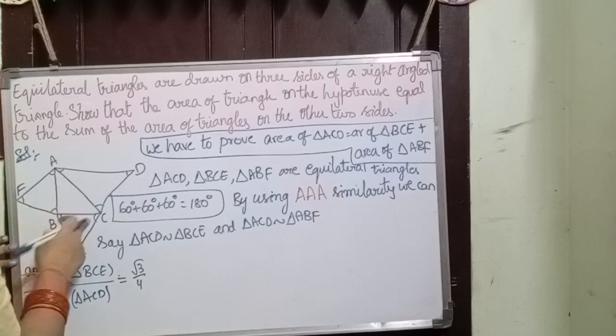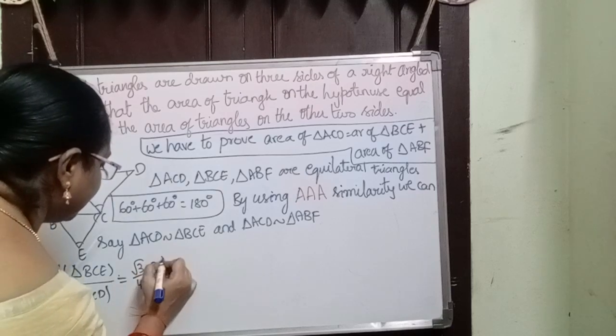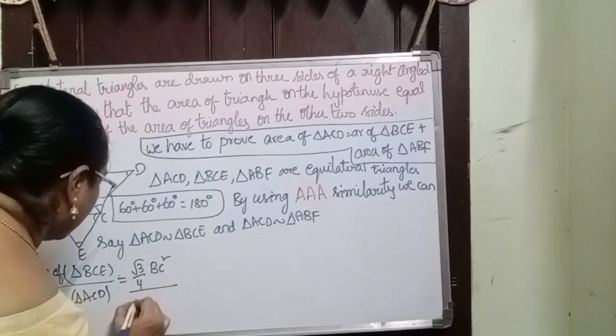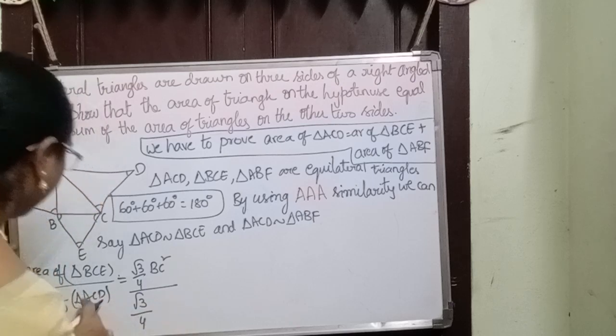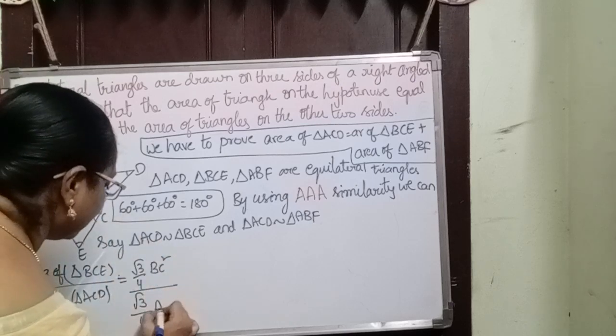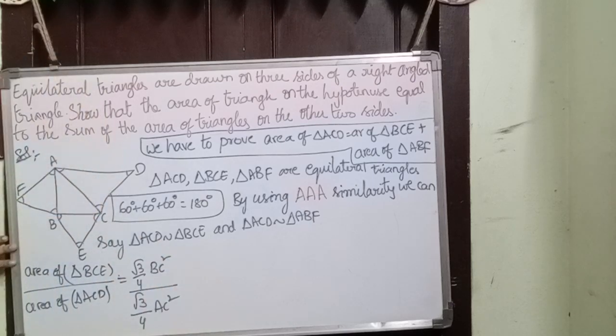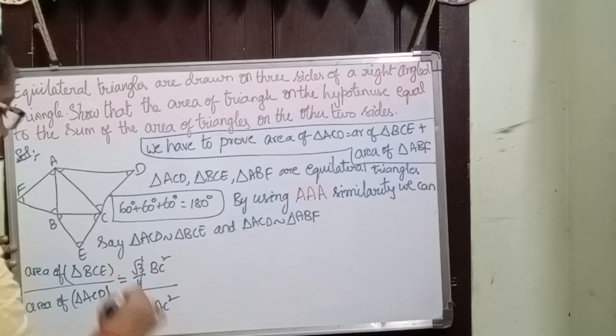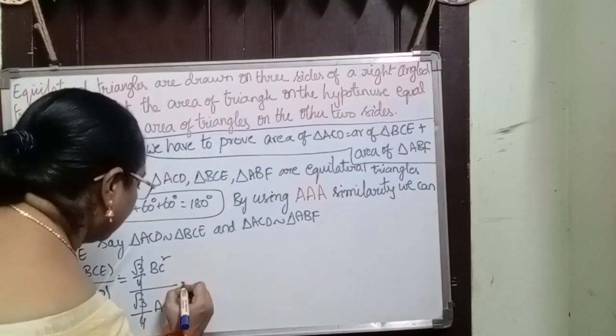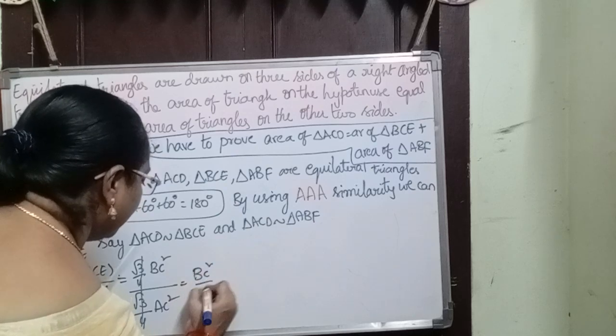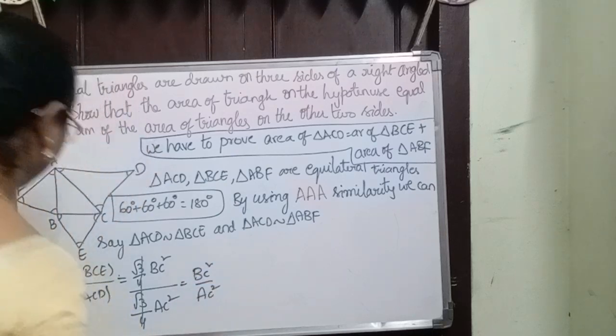Here I am using the side BC. So, BC square by root 3 by 4 AC square. Then these get cancelled. What is left here? BC square by AC square.